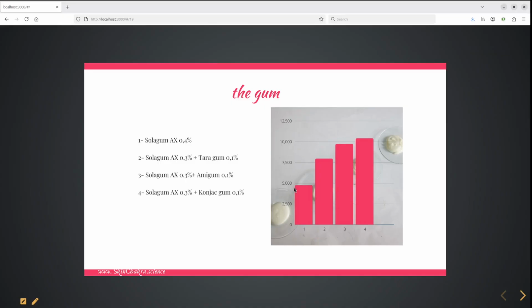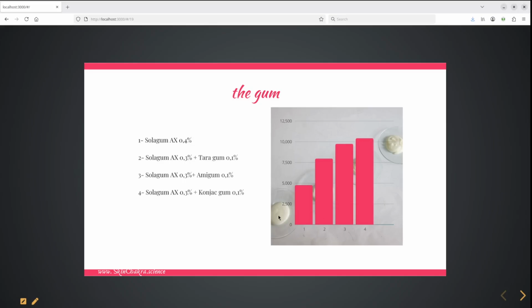Here again we have a very basic formulation. We always start with a very simple KISS basic formulation, and we have 0.5% Solagum AX, which is a blend of acacia and xanthan gum, and then we have just removed 0.1% of that and replaced it with other gums: tara gum, amigum, which is sclerotium, konjac gum, and you see the huge difference in the viscosity.